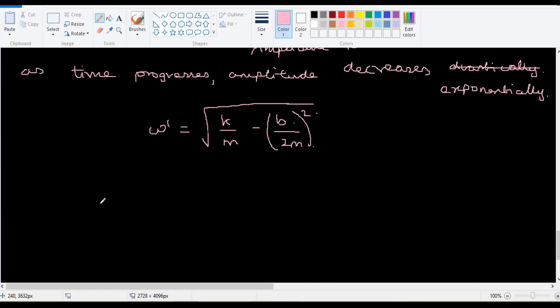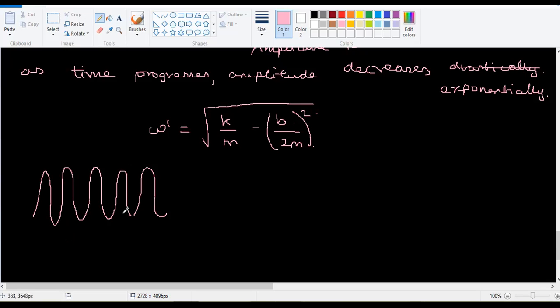Initially, let's say you had a frequency like this. Let's say this is the original situation. Based on omega, I can calculate the time period.